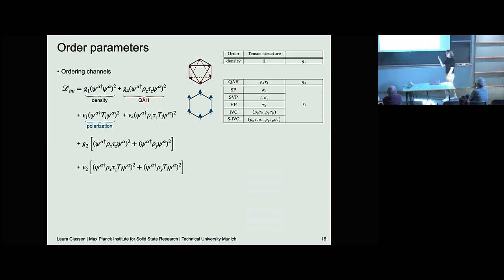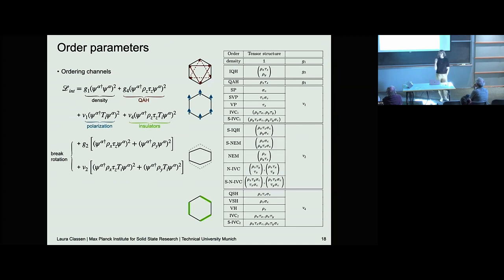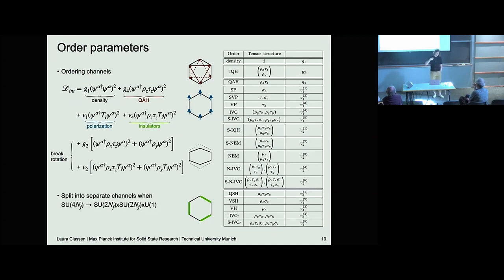So, for example, the valley polarization or spin polarization, which we kind of heard about in a different system just now, would be in that manifold. Then we have a U4 manifold of insulators that gap the Dirac electrons. Certain intervalley coherent states, for example, are in there. And then finally, we have orders that would spontaneously break rotation symmetry. And all of them split into several subgroups if we then reduce the symmetry.